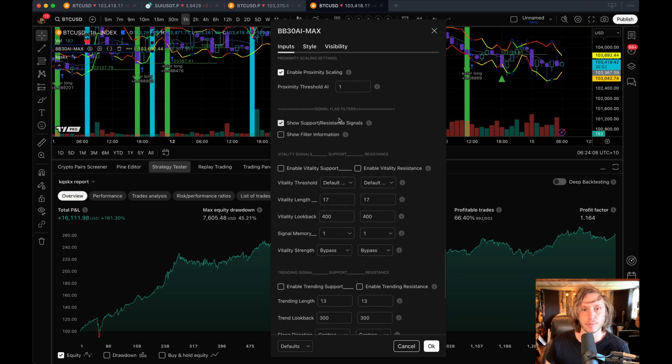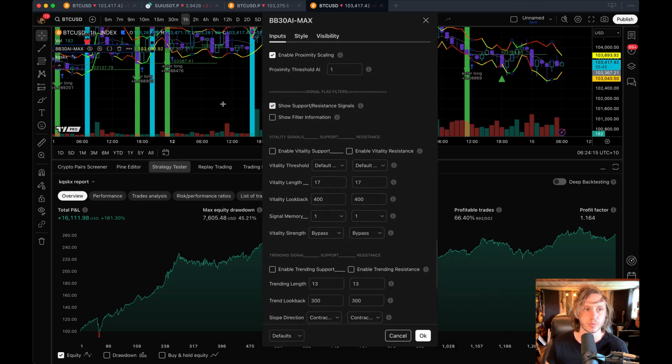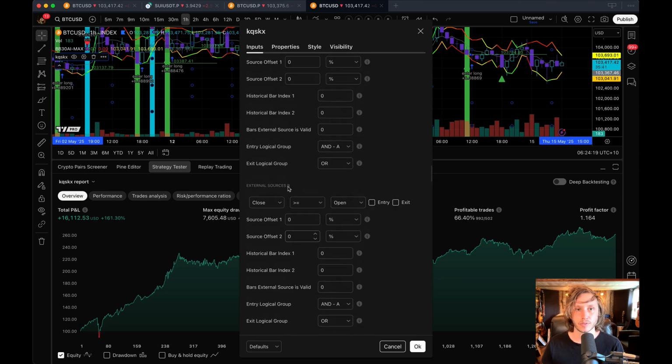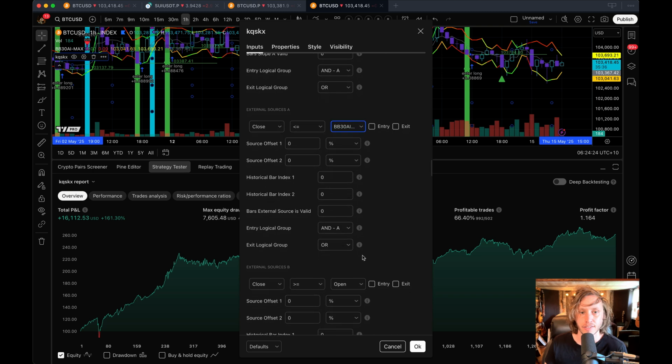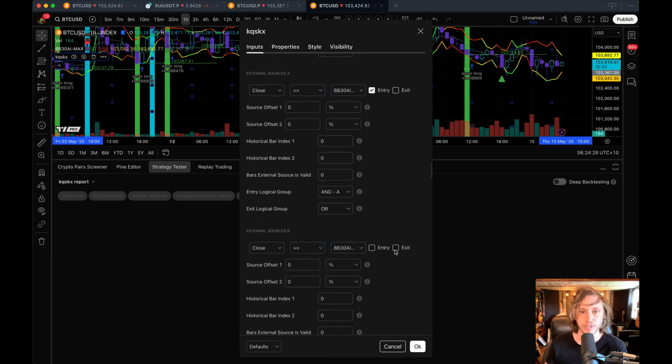over time. Okay, so we turned on the signal flags here because that's what we're using to trade. If you don't want the signal flags and you just want to choose to trade, say when price closes less than the support band and greater than the resistance band, you say we're doing long, we can say enter and exit here.